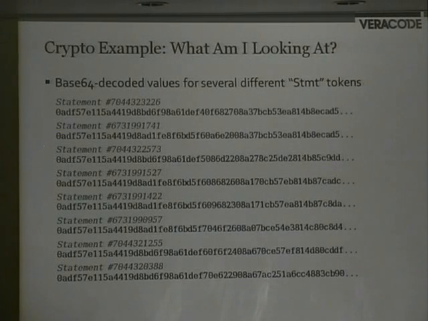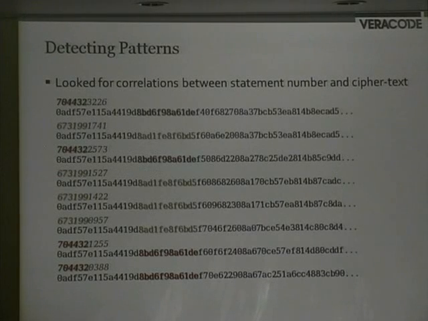So we gathered a bunch of these together and took the known. This is a known plain text, right? We know what's probably being encrypted. It's probably the statement number, and we know what the ciphertext is because it was present in the URL that you clicked on. So we started to look for correlations between the statement number and the ciphertext.